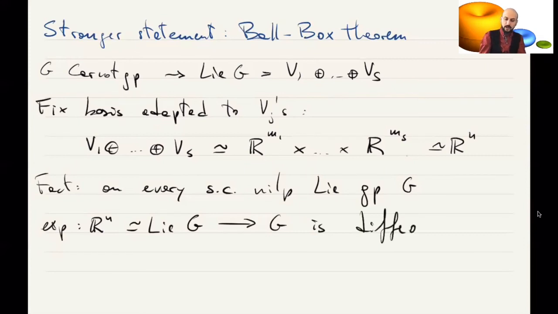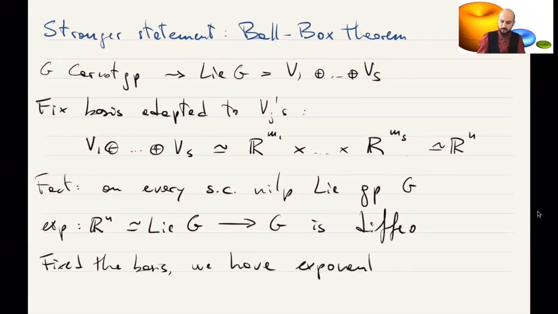And when we identify the Lie algebra with R^n, fixing the basis, we have what we call exponential coordinates.